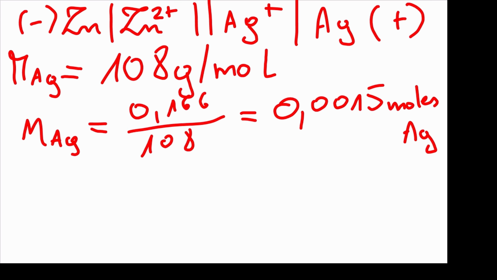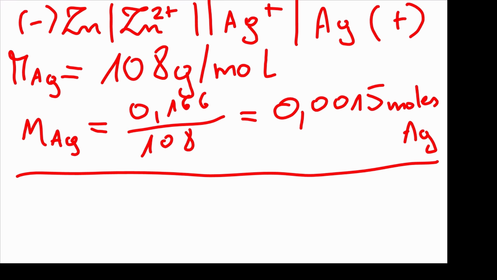We know that the molar concentration of this silver nitrate electrolyte is equal to 0.1 moles per cubic decimeter. It means that the concentration of silver cations is equal to 0.1 moles per cubic decimeter.